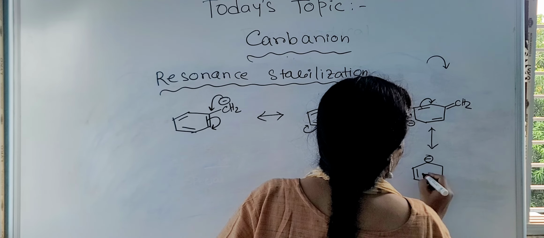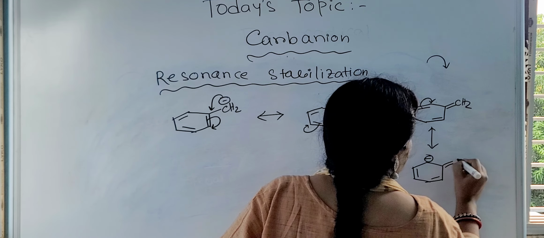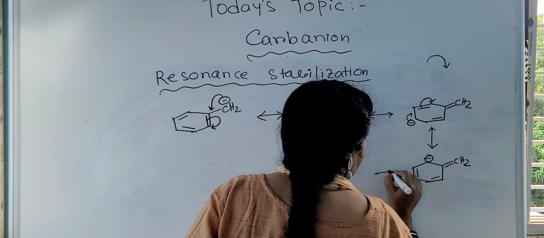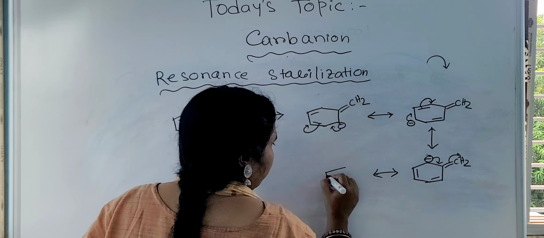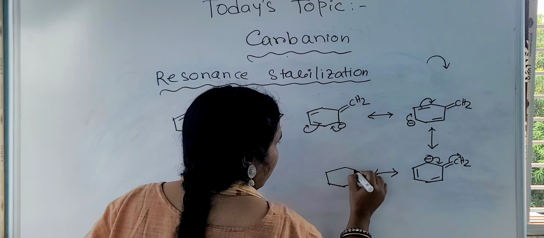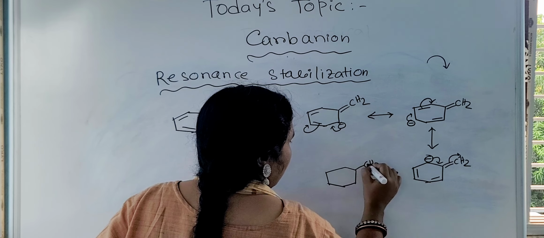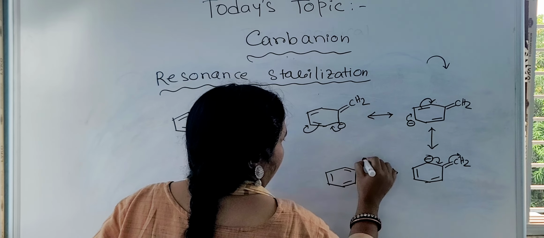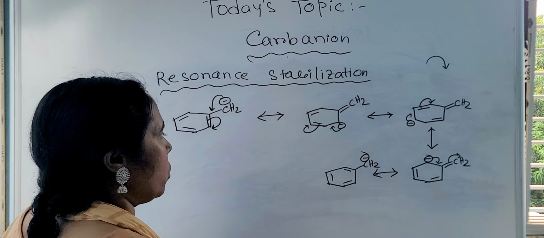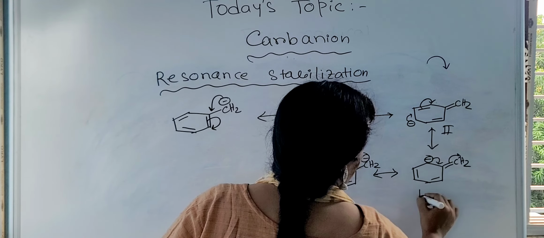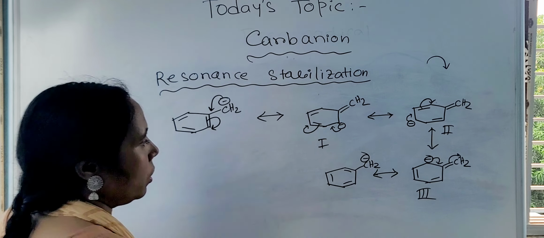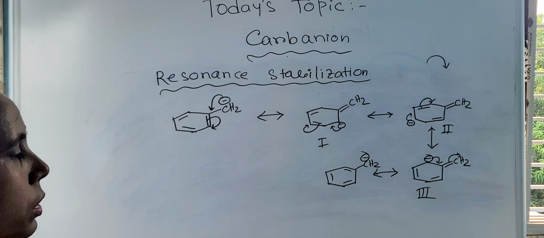Don't jump straight. I also don't like any straight jump. It is creating problems for the student only, not me. So how many resonating structures are we drawing here? 1, 2, okay, 3 resonating structures stabilizing this.